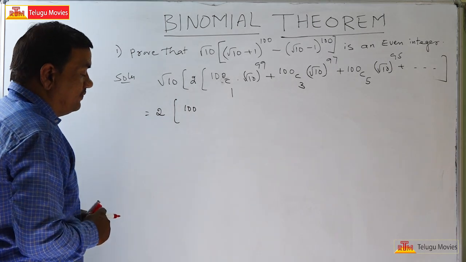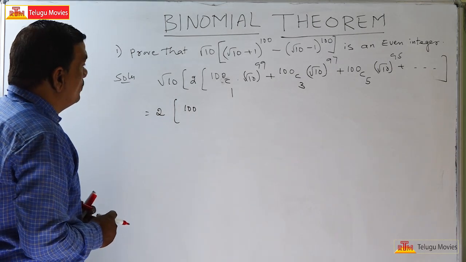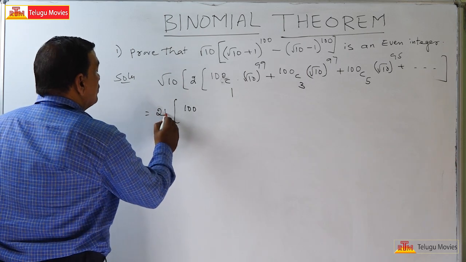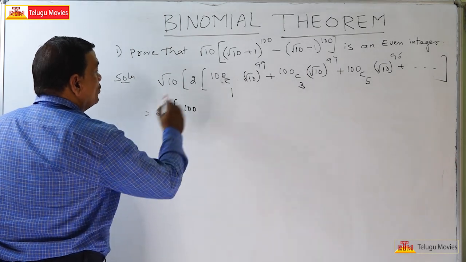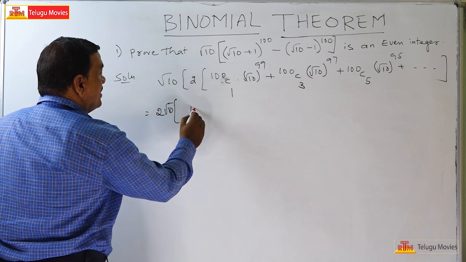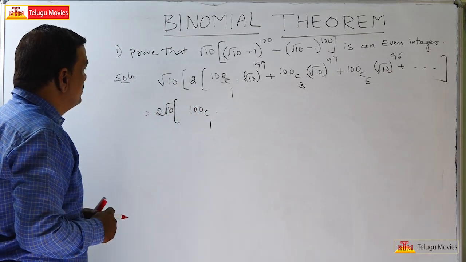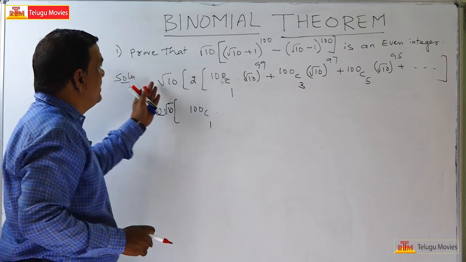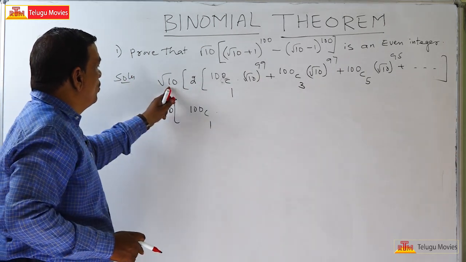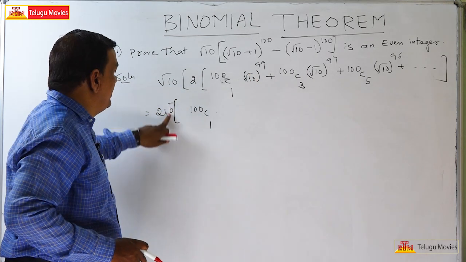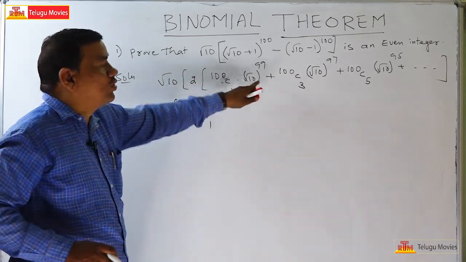Otherwise you will do one thing. Okay, we will do the value. So 2 root 100 root 2 root 10, that is equal to 100c1 into, sorry, you multiply inside root 10 into root 10, that is how much?